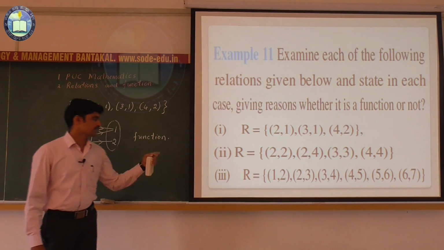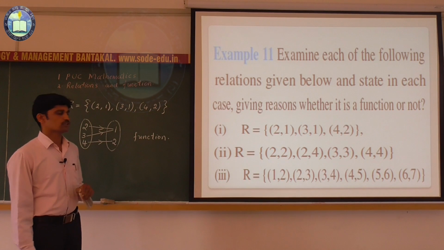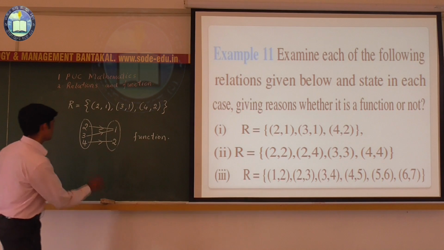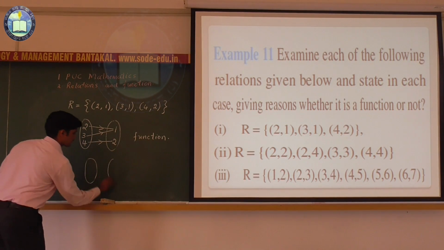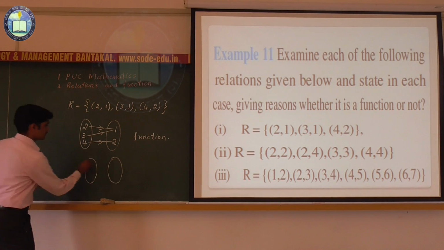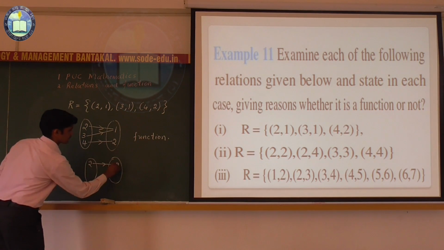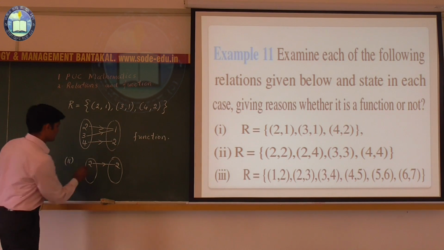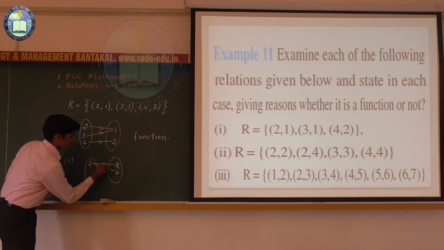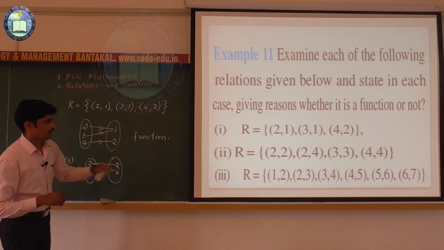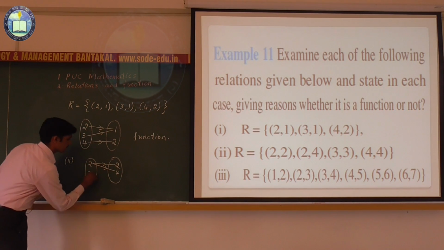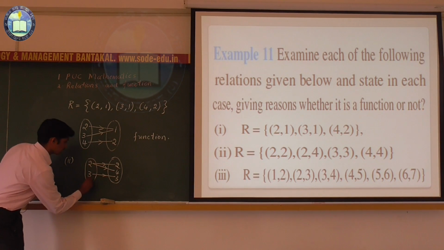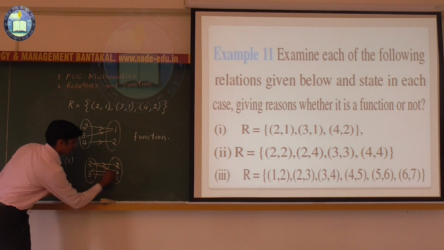If you go through the second example, R is equal to {(2, 2), (2, 4), (3, 3), (4, 4)}. If you draw the arrow diagram for this, 2 has the image 2, then 2 has the image 4 also, the image of 3 is 3, and the image of 4 is 4.